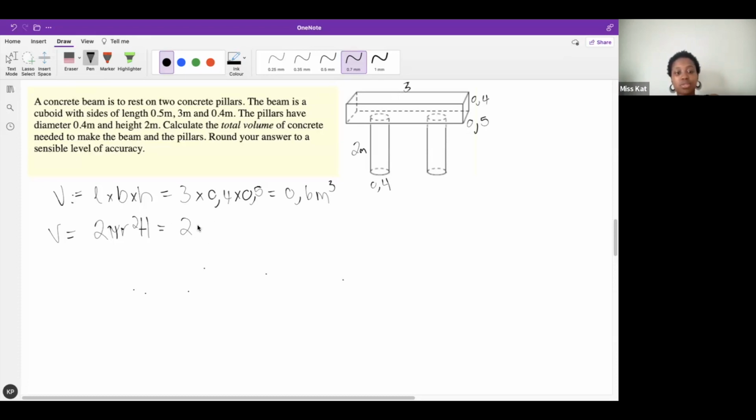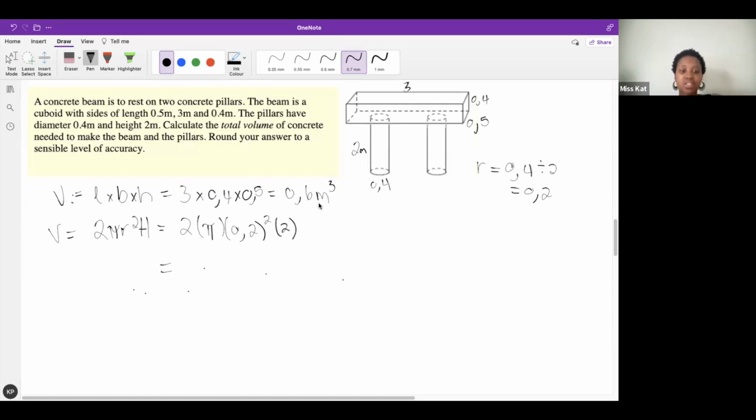Okay, so it will be 2 times pi. What's the radius of the diameter of this is 0,4, guys? What's the radius of our diameter? Thank you, Tapang. It's going to be 0,4 divided by 2, which is 0,2. Right? So 0,2 squared times our height, which is 2.